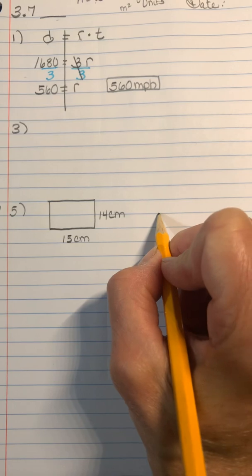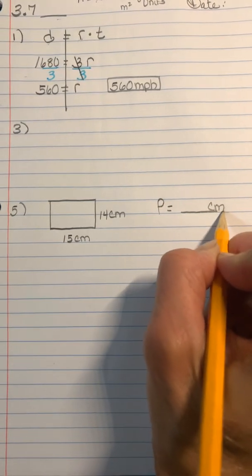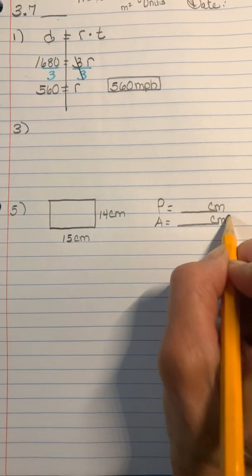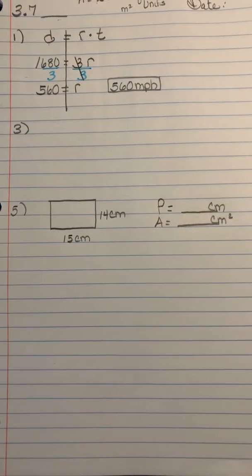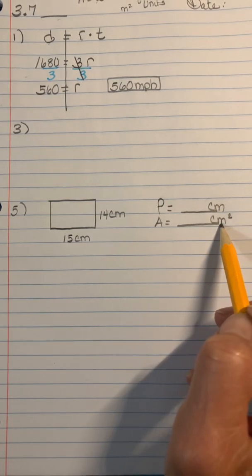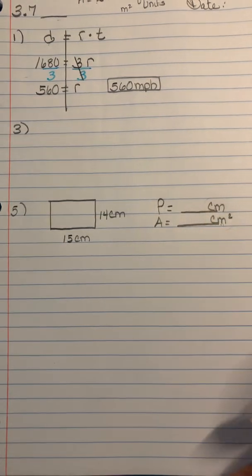Okay, so the smartest thing you can do is this. Perimeter is equal to something centimeters, and area is equal to something centimeters squared. So you already have it set up. And that's a smart thing to do so that you don't drop the units off, because units mean a lot. If all you have is a number, that doesn't mean anything.